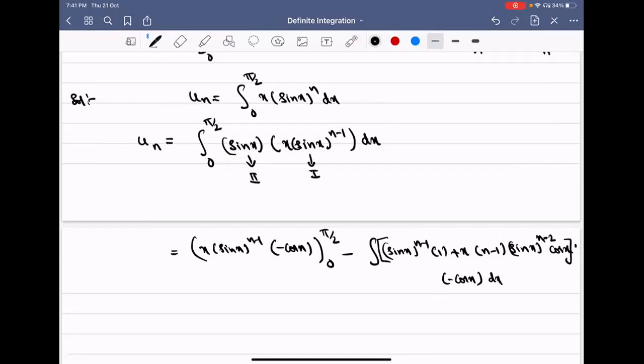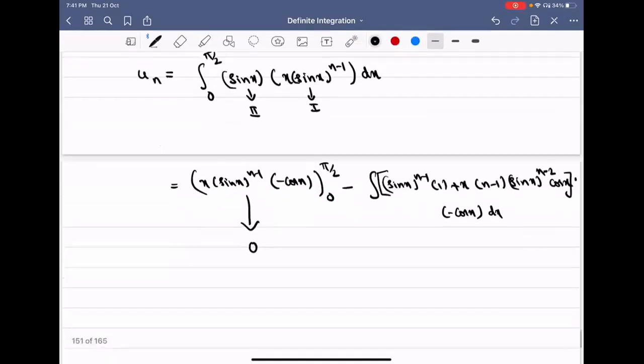Now, because of cos x, if you substitute the upper limit, this total thing becomes 0. Because of sin x, if you substitute 0, this becomes 0. Ultimately, this term vanishes.